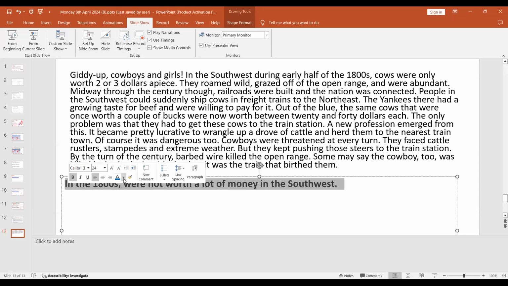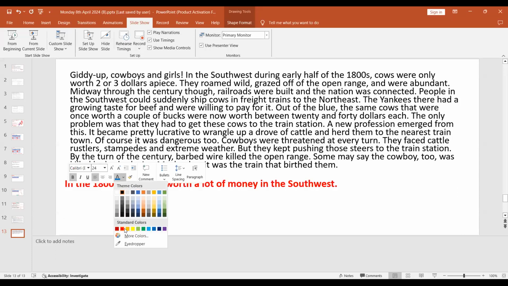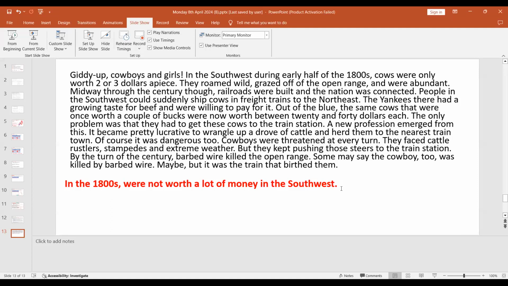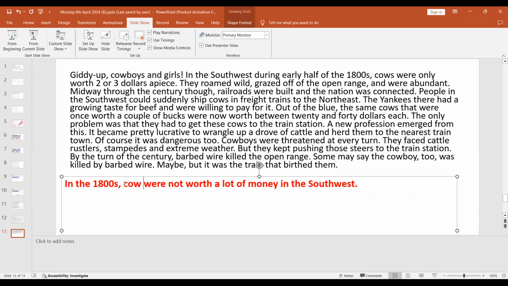And I need to say that cows were not expensive. They were cheap. In the 1800s, cows were not worth a lot of money in the Southwest.